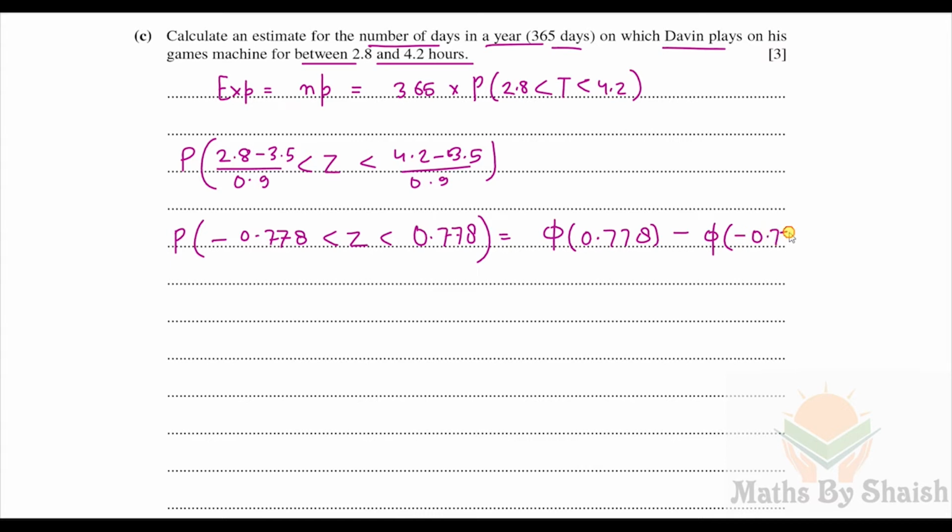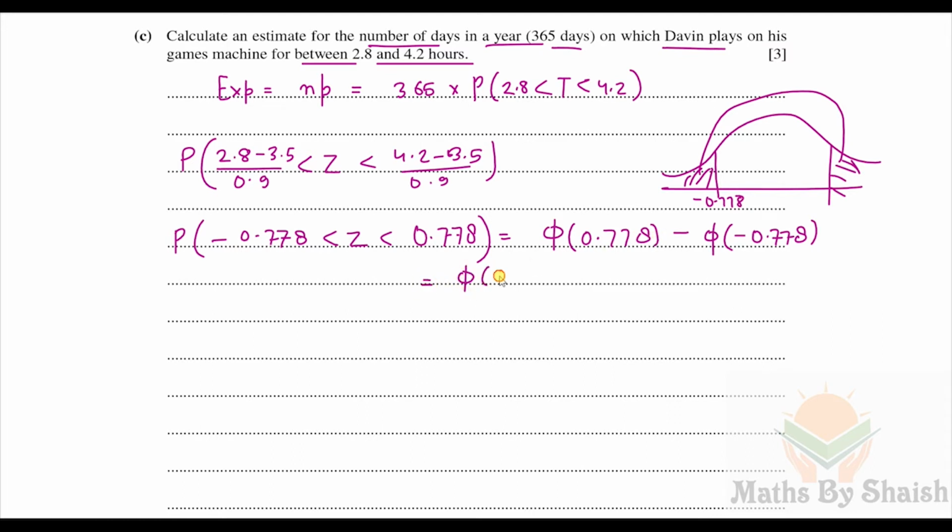Since it is minus, we need to find this value towards the left-hand side, and the equivalent value is 1 minus phi of the positive one. So it becomes phi of 0.778 minus (1 minus phi of 0.778), and solving, it is 2 times phi of 0.778 minus 1.